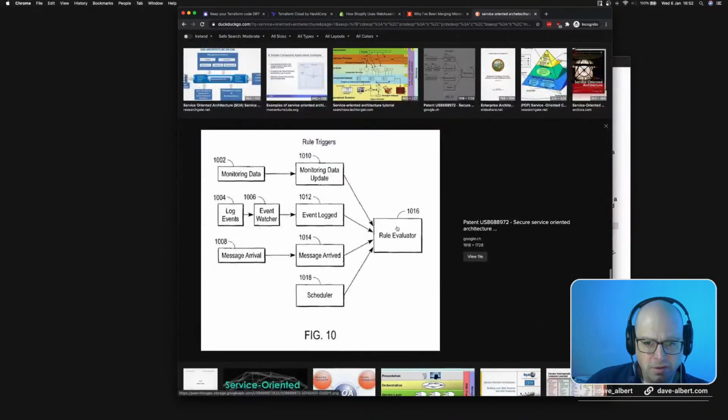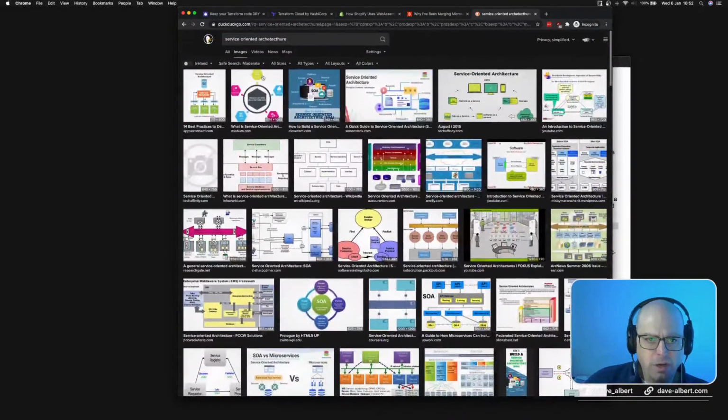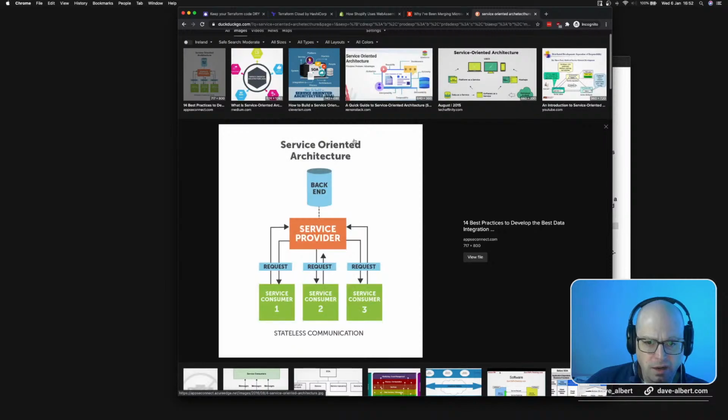Goodness, I mean, it seems weird that... yeah, there we go. So you've just got consumers that send requests to a service provider. So like that could be a single page web application that connects to an API.